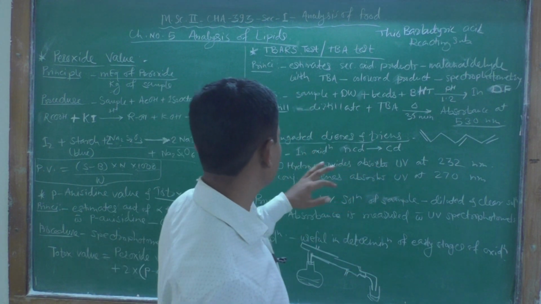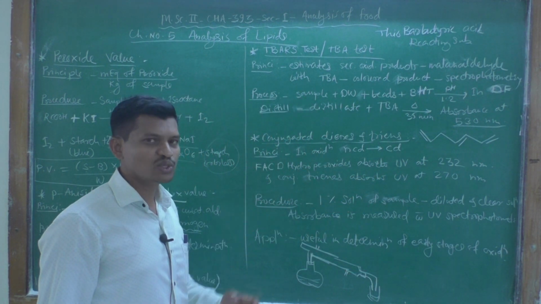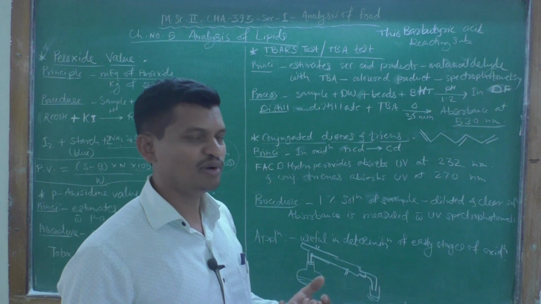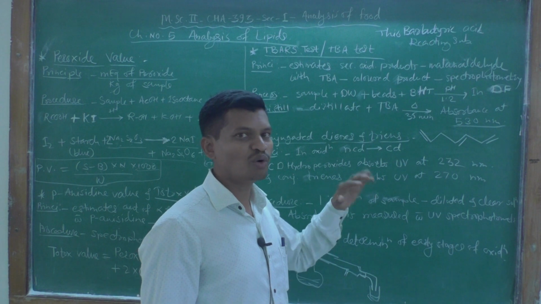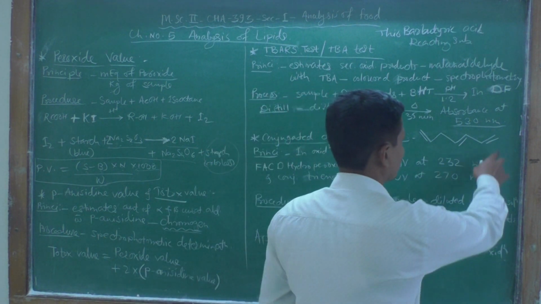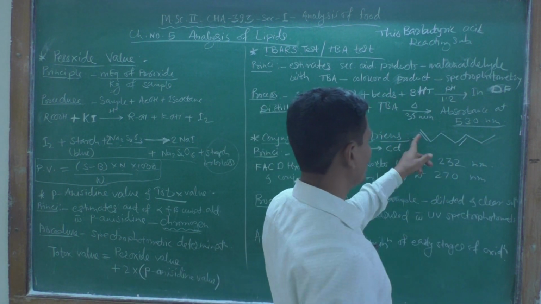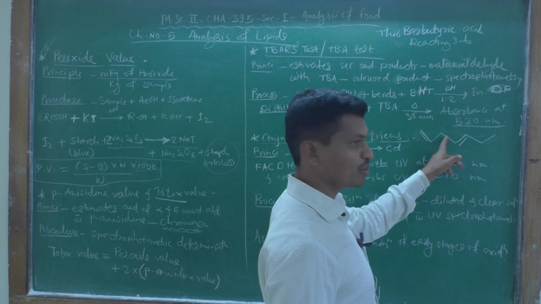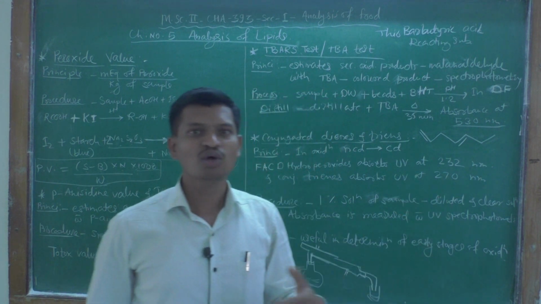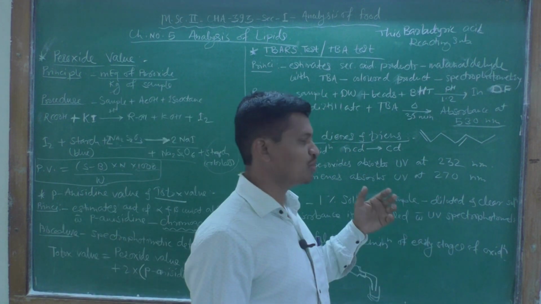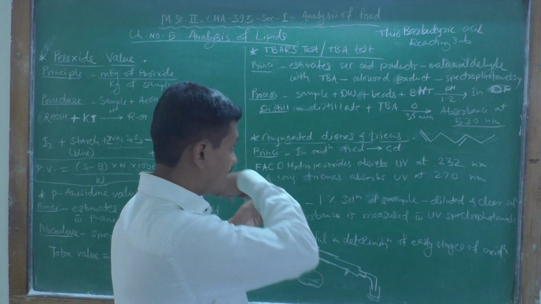Now what is the principle of this method? In the lipid oxidation process, the non-conjugated dienes, where the conjugation is not present, are converted to conjugated dienes upon oxidation.